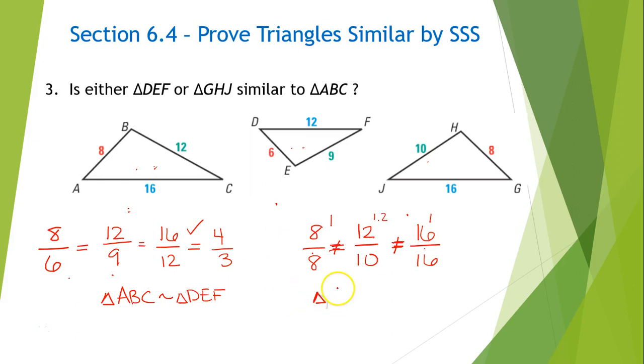So I'm going to state that triangle ABC is not similar to triangle GHJ, and then we're done with that one. So that is how we show the side-side-side similarity theorem in use here. This is how we're going to prove our triangles similar with side-side-side.